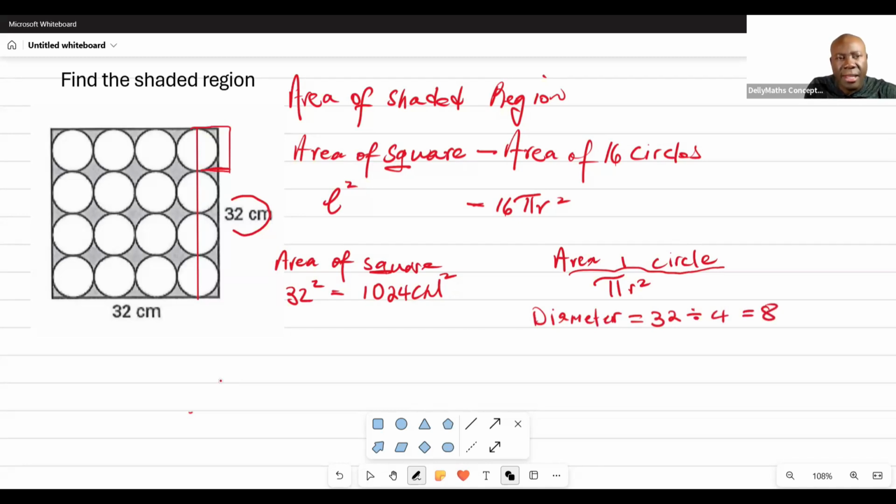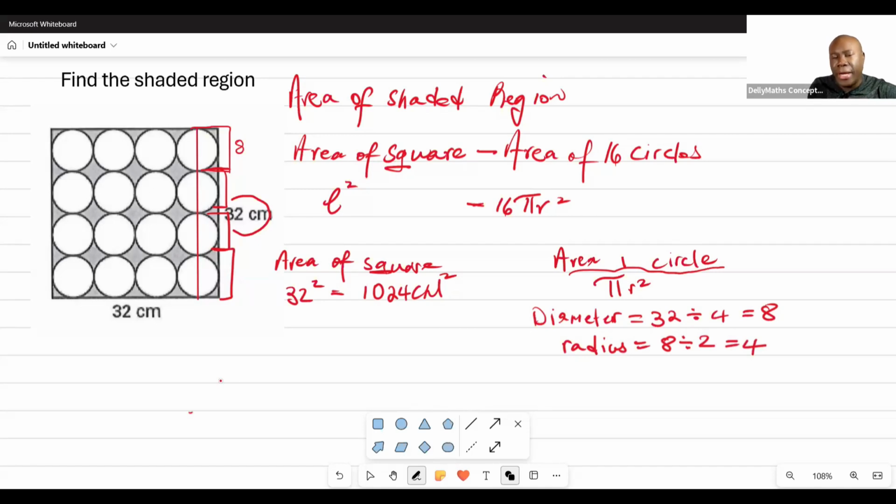So this distance is 8, and we have 8 again, and 8 again, for all 4 of them. So one of them, the diameter is 8. Therefore, the radius is to take that diameter, divide it by 2, and we're going to get 4.